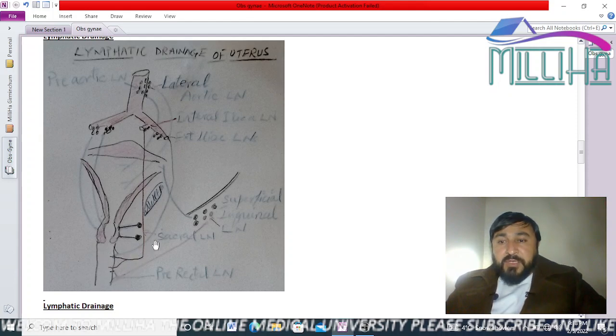The upper one-third is supplied by the external iliac lymph nodes. The middle one-third is supplied by the internal iliac lymph nodes, and the lower one-third is supplied by the superficial inguinal lymph nodes and the pre-rectal lymph nodes. This is written pre-rectal.